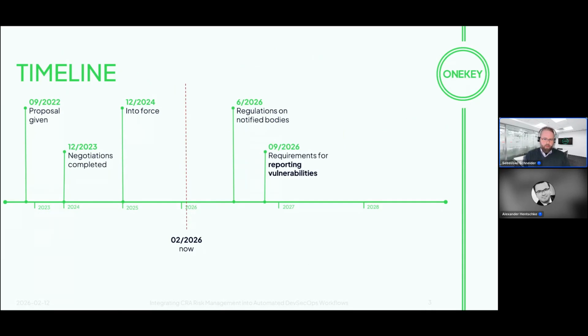Then in September 26, there will be the first noticeable requirement, and this is a vulnerability reporting obligation. This doesn't mean you have to report all vulnerabilities that might affect your product, but vulnerabilities that are actually used to target your product, to attack your products, and so at the same time your customers.